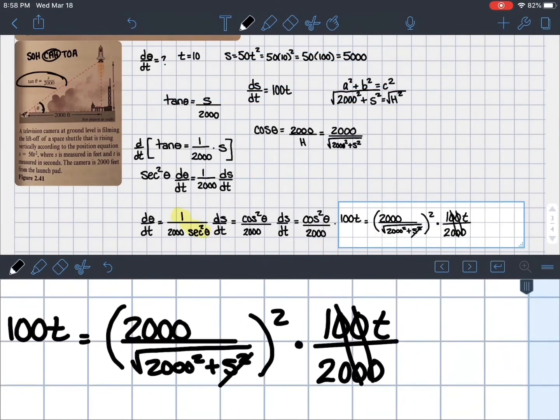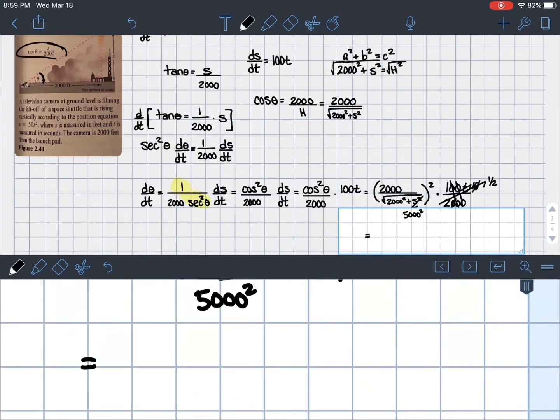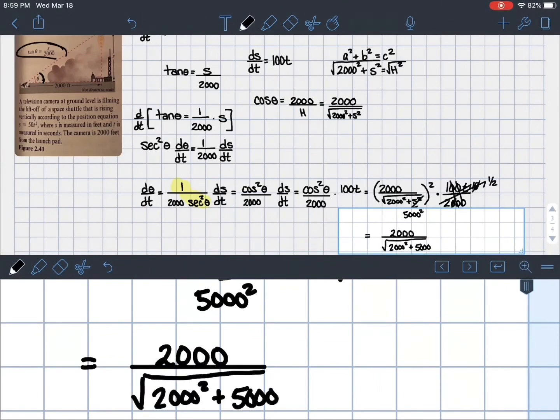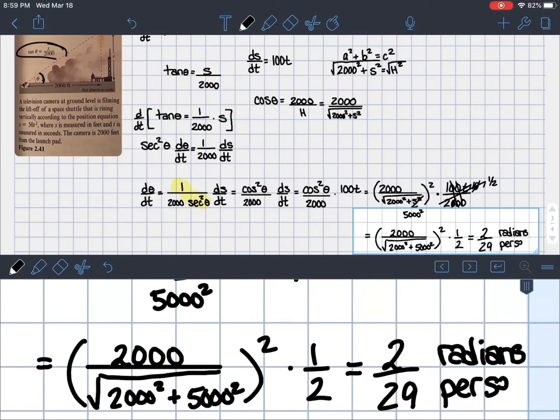We did previously solve for s, it was 5,000, and we're given t is 10, so that'll allow us to cancel this whole back factor here into 1/2. A small calculator crunch is going to bring us to our final answer. Don't forget your SI units: for theta, or angle, it is radians, so this is radians per second.